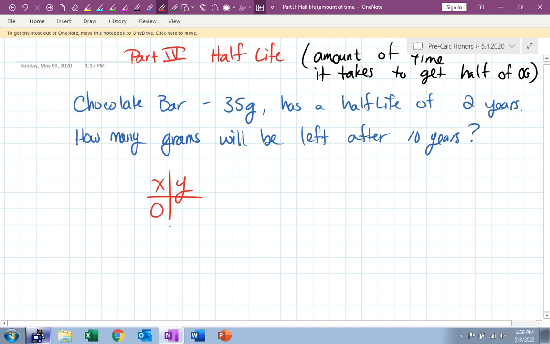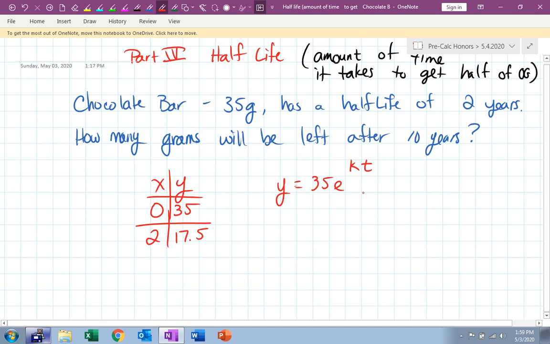When t is 0, you have 35 grams. But when it's 2 years, it's half of 35, which is 17.5. Now we can use these two pieces of information to get our model. So we have y equals y sub 0, which is 35, e to the kt.